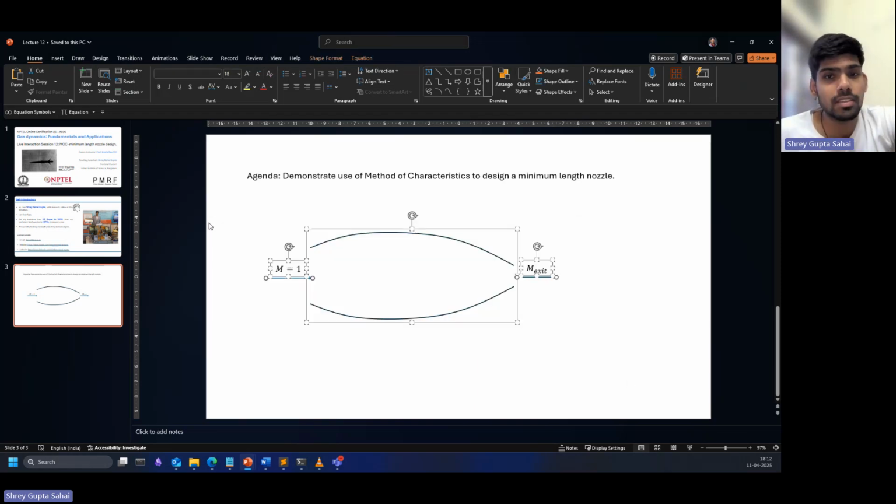Now, when I said minimum length, what do I mean? I just mean non-dimensionally, the shape of it. The size itself will depend on how much the flow rate is and other things. But essentially, how the shape would look. And again, for a calorically perfect gas, you're going to look at something of that sort.